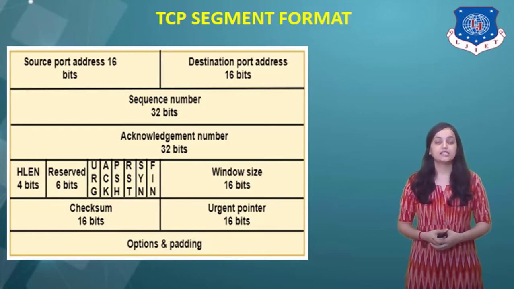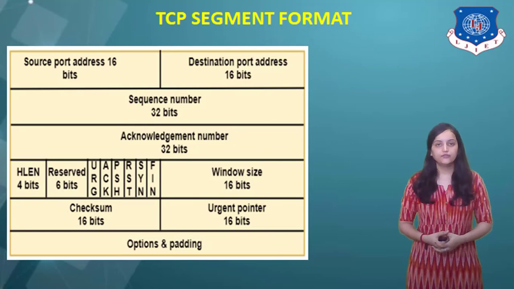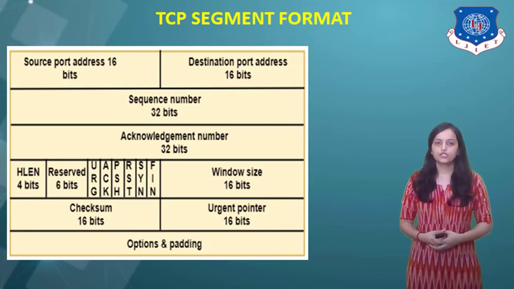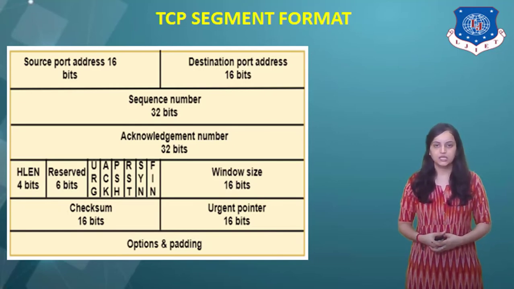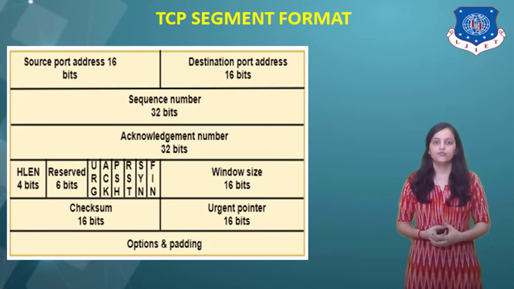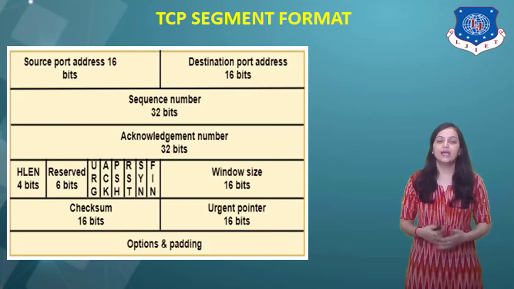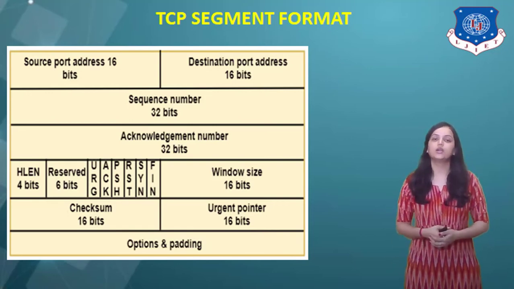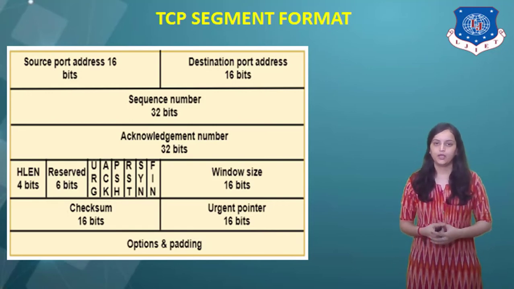After that, the field is SYN, which stands for synchronization. The SYN field is used to synchronize the sequence numbers in 3 types of segments. The first one is connection request, the next is connection establishment, and the third one is connection release.